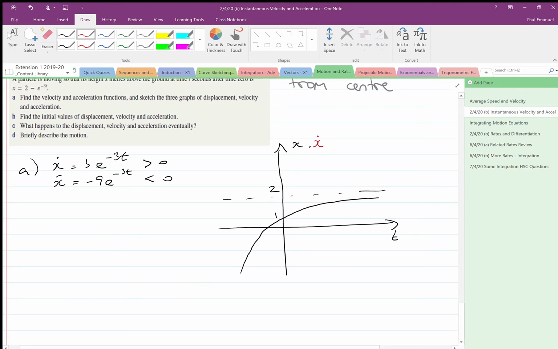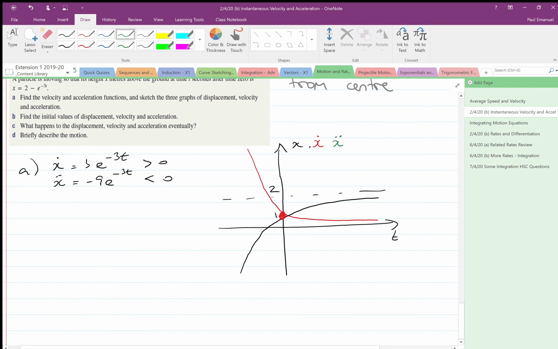So the velocity curve looks like this, basically. Passing through 3 and approaching the axis, never hitting it. Let's pretend I'm actually good at drawing.